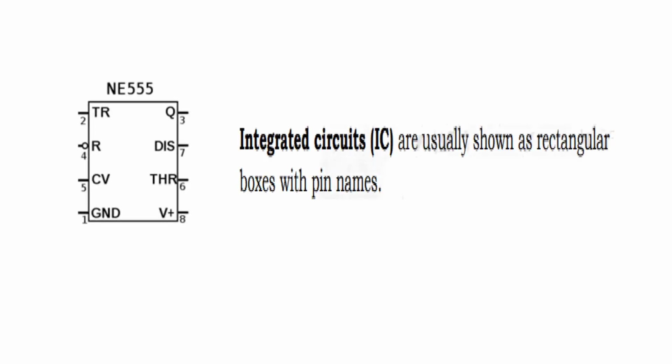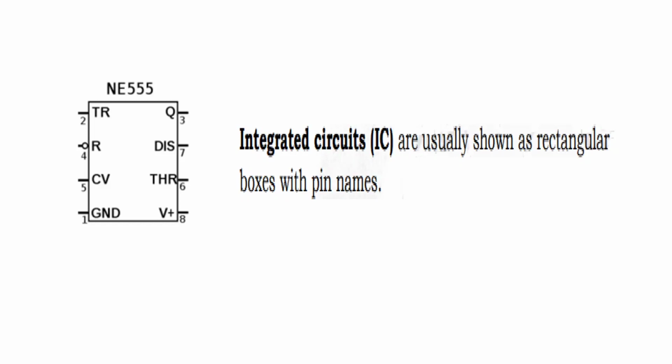The next symbol is known as the integrated circuit or IC, usually shown as a rectangular box with pin names. Notice that each pin has a different name. The first pin is GND. The second pin is TR.